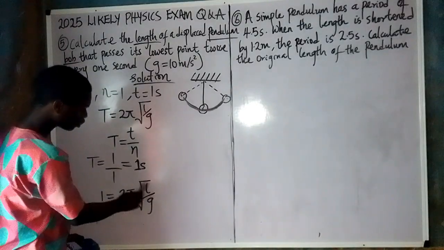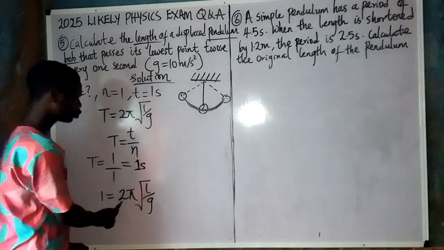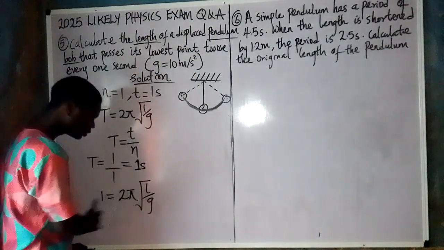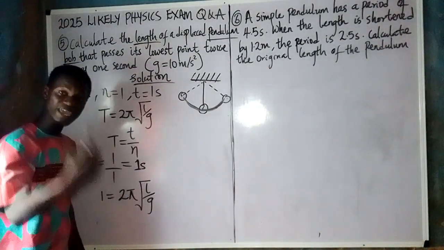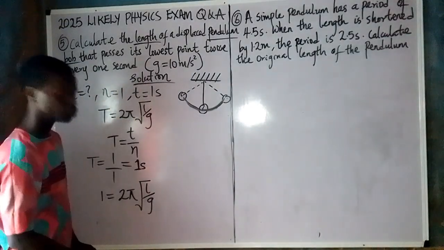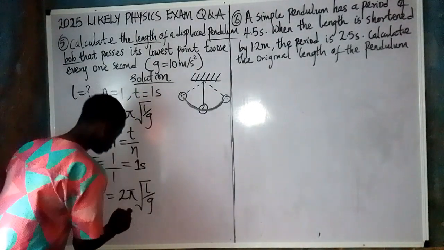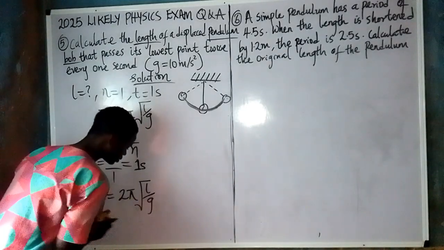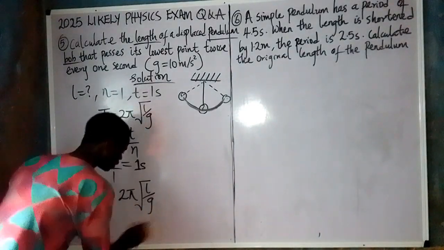Now in front of this root, what do you have? 2 pi. Can we divide both sides by 2 pi so that we can be reducing what is here, so that in the end we'll make sure that L is on its own? Yes, we can divide both sides by 2 pi. How does that look now?